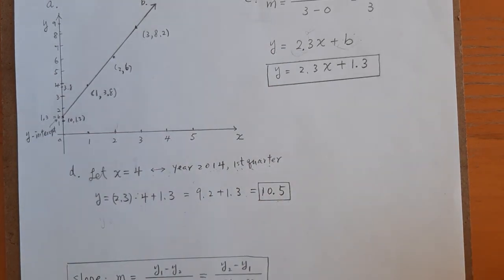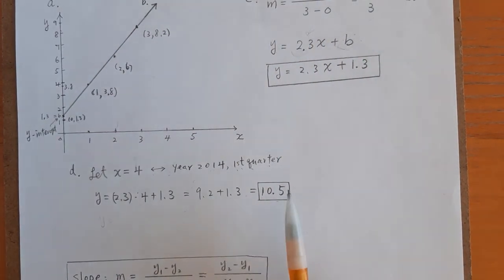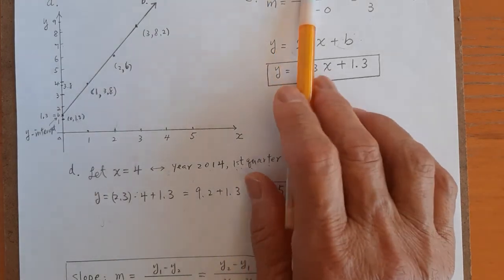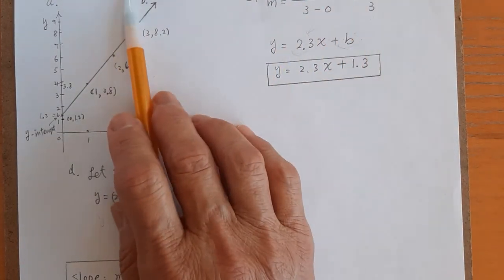That means at the beginning of 2014, the percentage change is 10.5% change in spending on equipment and software.